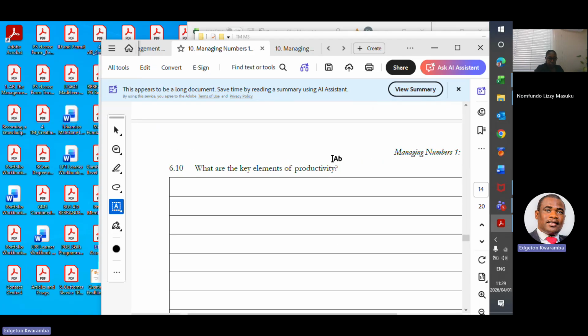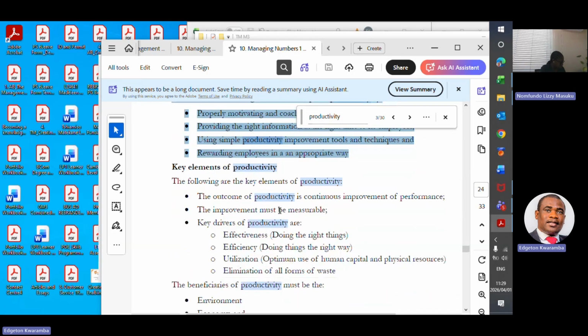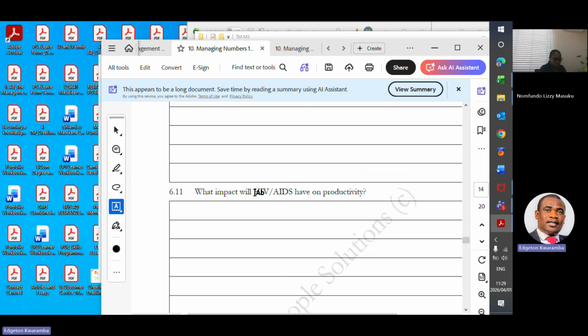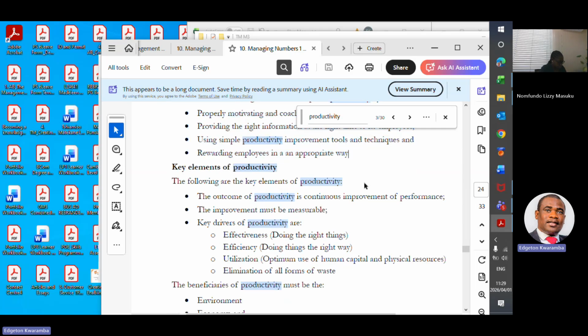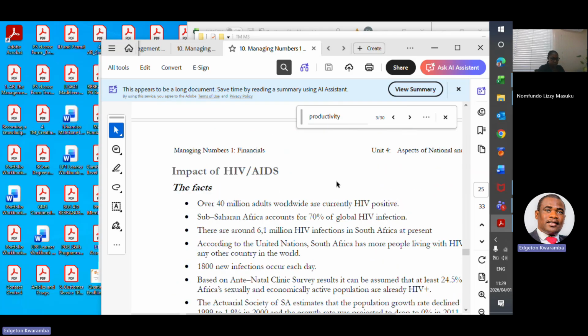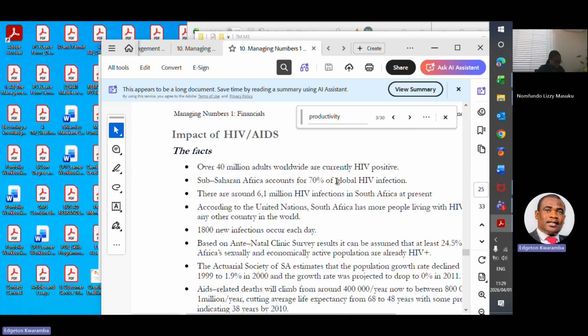What are the key elements of productivity? You see the key elements of productivity there. And then what impact will HIV and AIDS have on productivity? Let's go down to the impact of HIV on productivity.